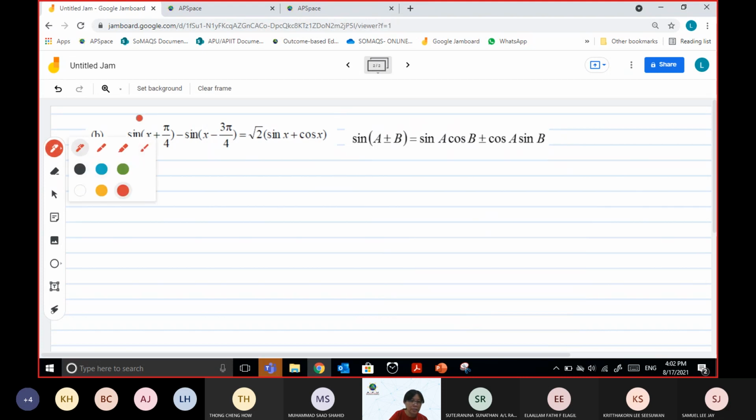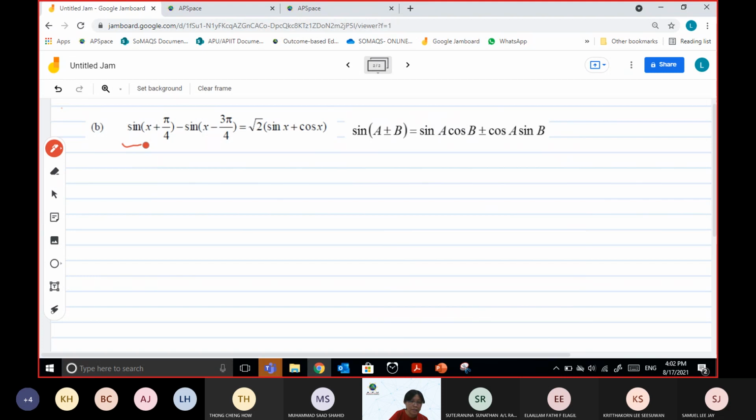Look at the first one. This is a plus, so we're using the formula for plus. From the left hand side, we have sine x plus pi over 4 minus sine x minus 3 pi over 4.